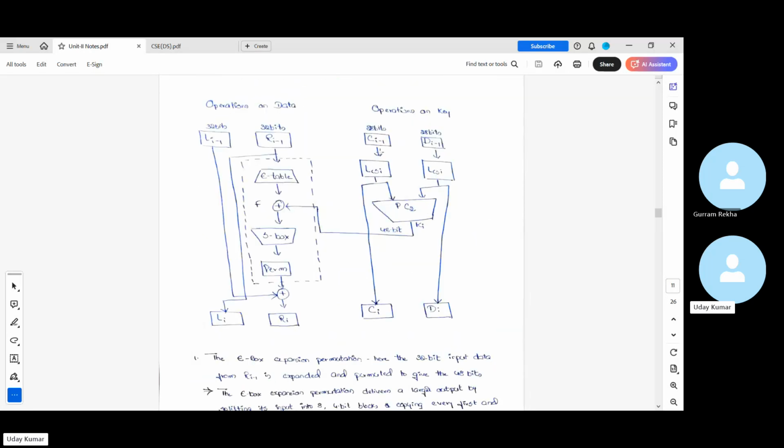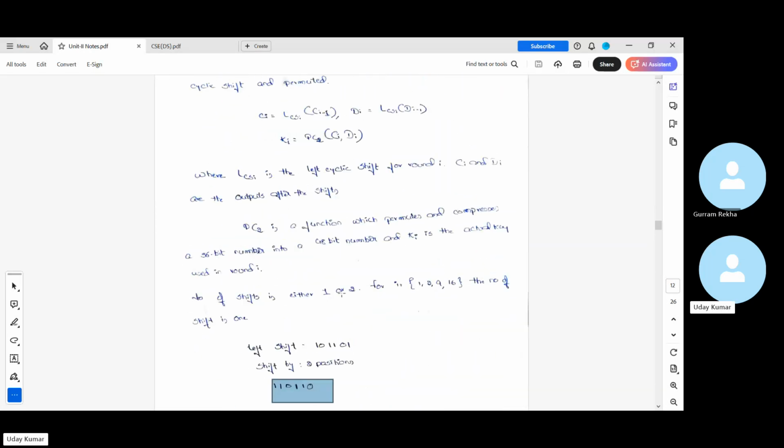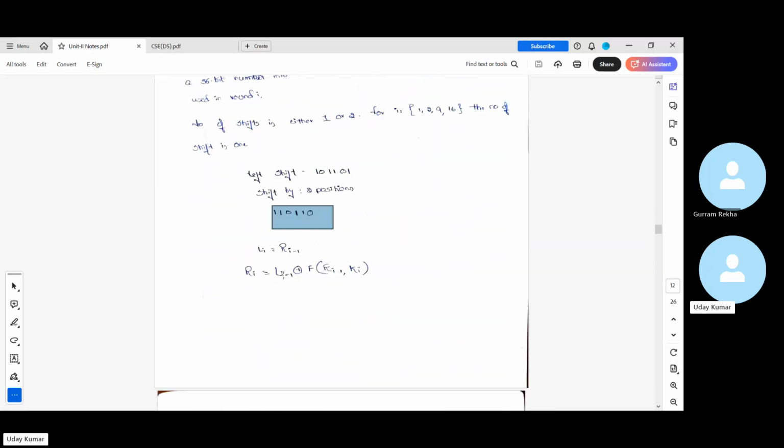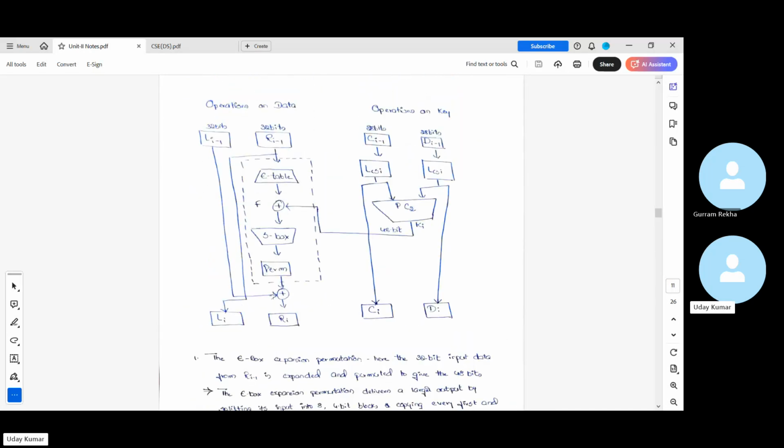And Ri is the left 32 bits XOR F of Ri comma Ki. So this one is shown here: Li XOR F of Ri comma Ki. Only the right half is sent to the F box here.